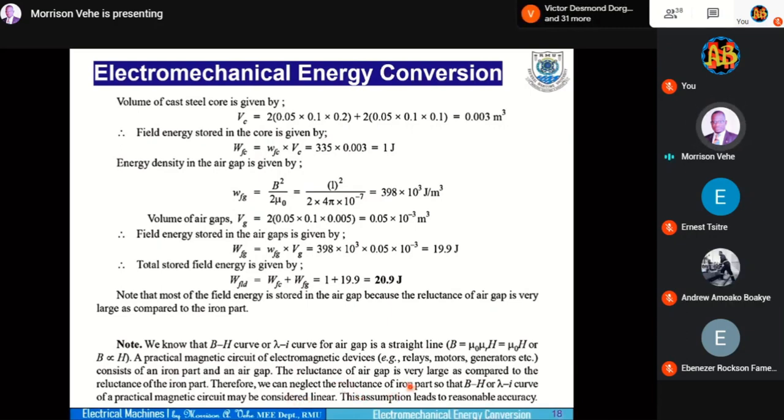Because of that, we can neglect the reluctance of iron parts so that our BH or lambda-I curve of a practical magnetic circuit may be considered linear. Because the reluctance in the air gap is large compared to what you have in the iron part, or the core part, you can see the whole thing as linear.